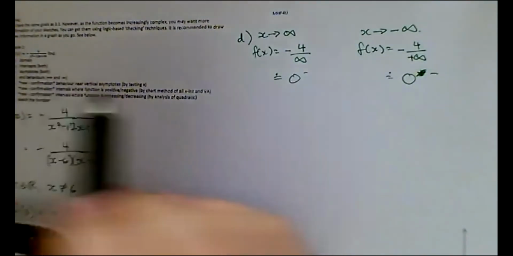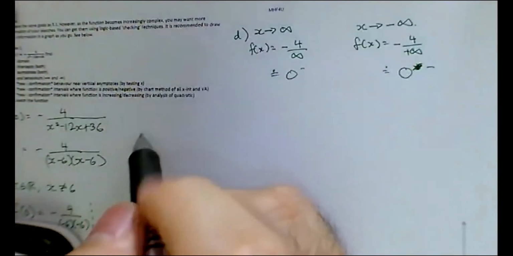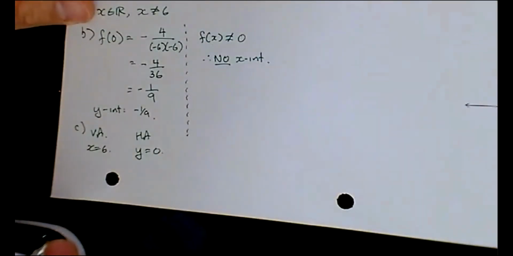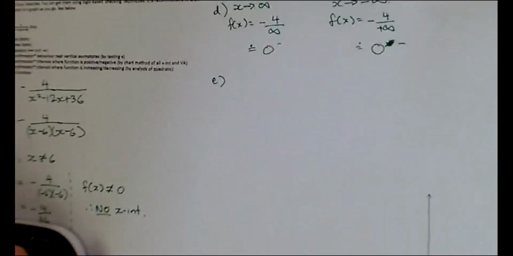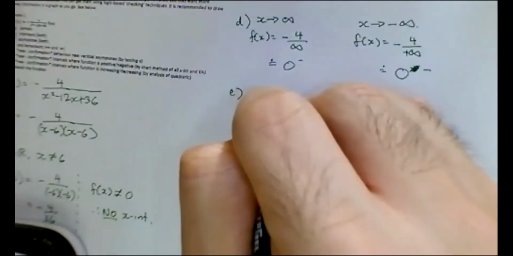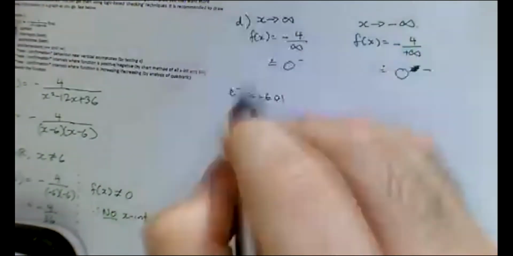Let's confirm the behavior near the vertical asymptotes. So the vertical asymptote is at 6. So you can plug in like a 6.01 or a 5.99.